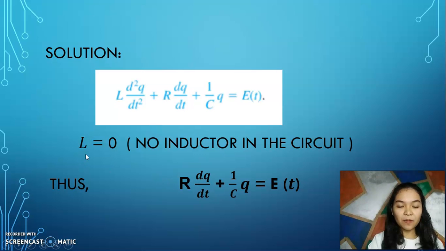Since the inductance is 0, no inductor in the circuit, we can easily get the differential equation of the problem. R dq over dt plus 1 over C Q is equal to E sub t. And that will be our final answer, the differential equation in problem number 2.